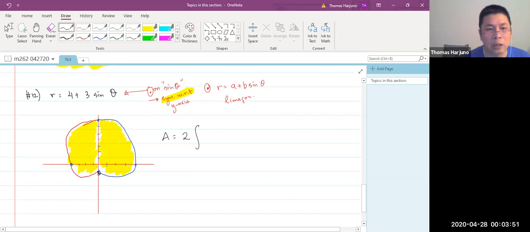This guy here is when theta equals negative pi over 2, and this is when theta equals pi over 2.